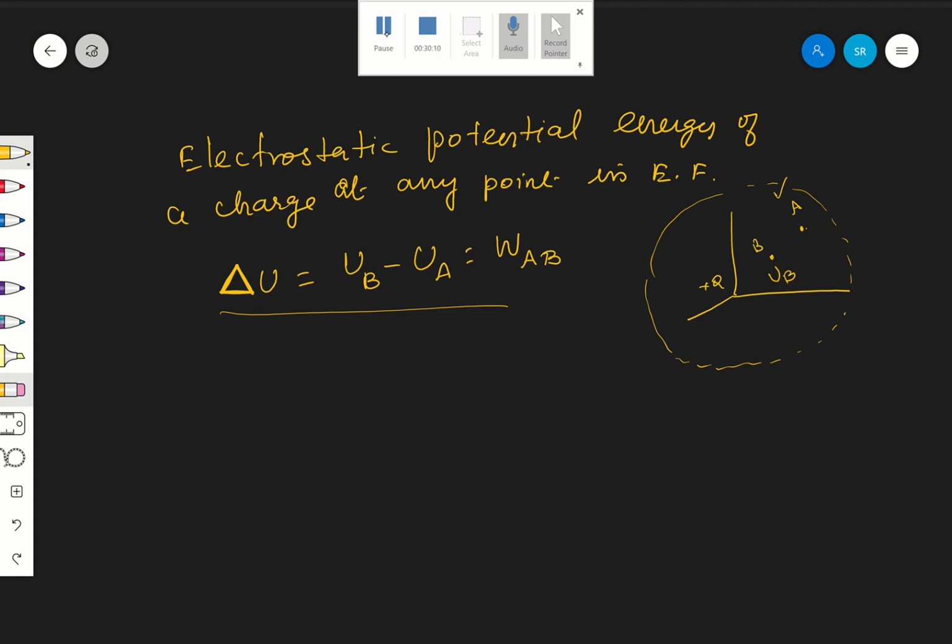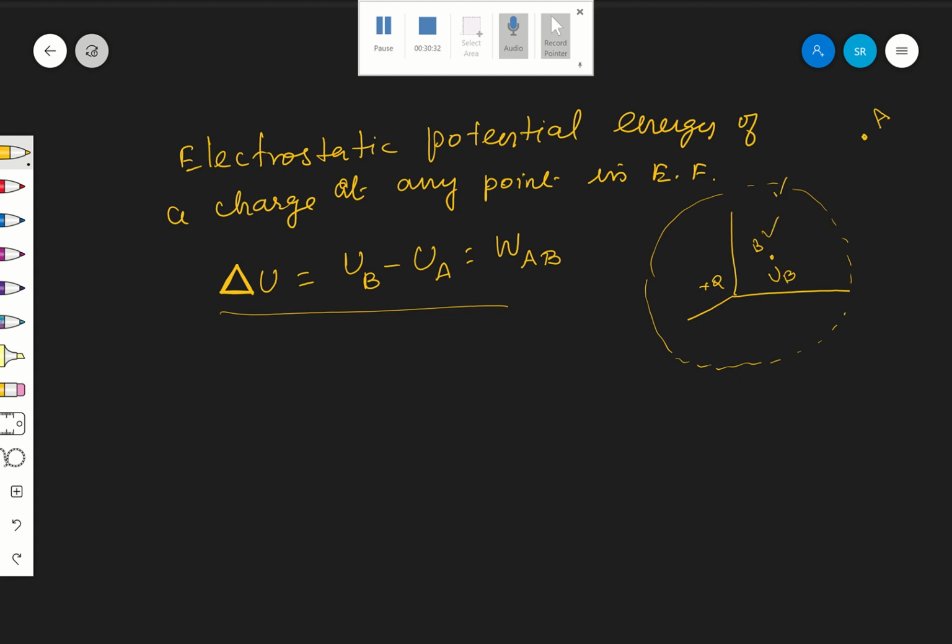So what I am going to do is keep A somewhere outside. This is my A, outside the electric field. I am choosing the point A outside the electric field. What is my aim?